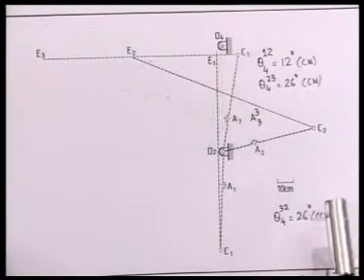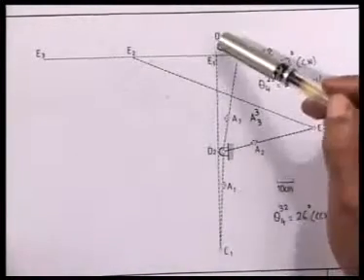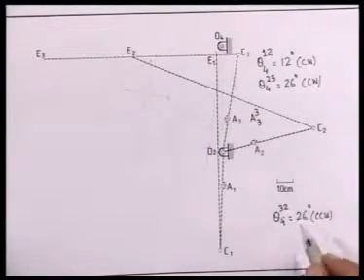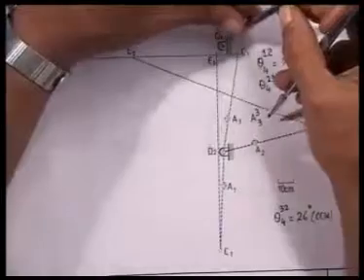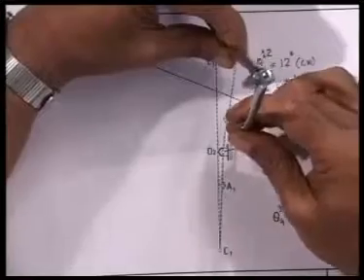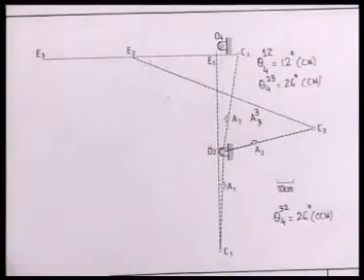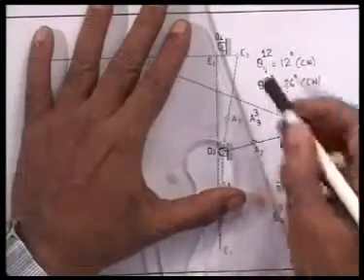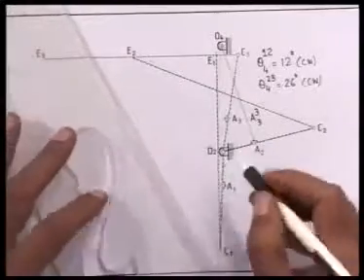To determine the inverted position of A2, what do we have to do? We have to rotate O4A2 through minus theta 432. Minus theta 432 is nothing but 26 degree clockwise. This is O4A2 and we rotate this through 26 degree. So O4A2 is this line and we rotate it through 26 degree.